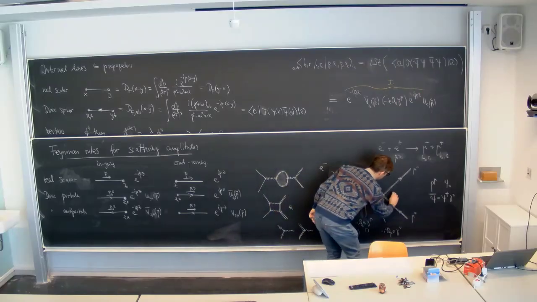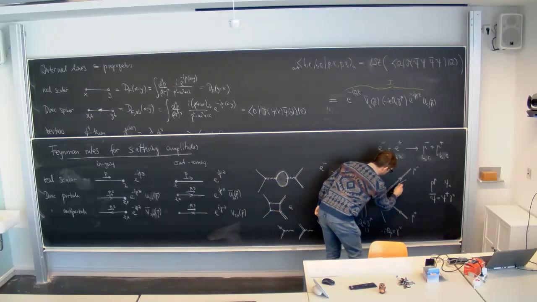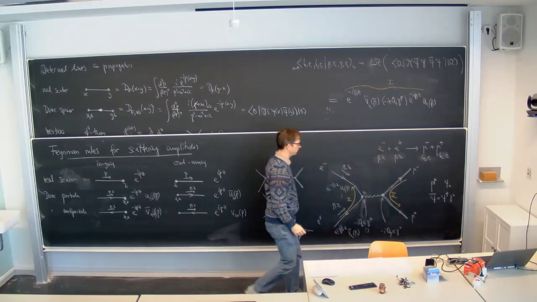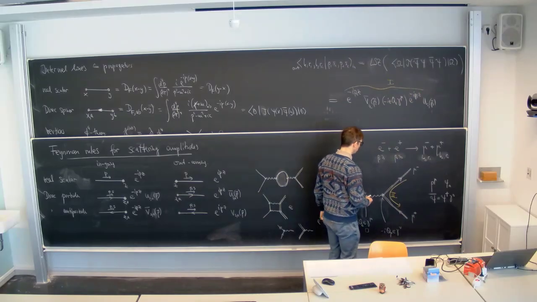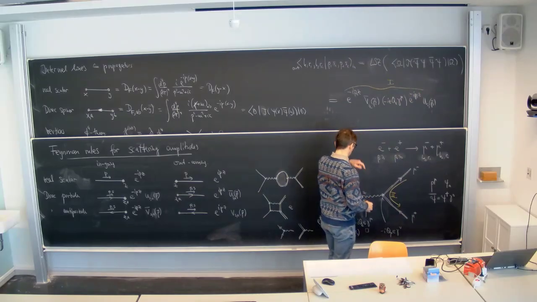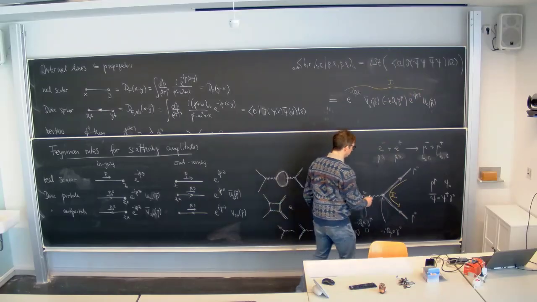Then we have a second one, and I have to go against the flow, and it's basically a copy, just for the muon. Well, we are on the outgoing side, so let's see if we can get this right.